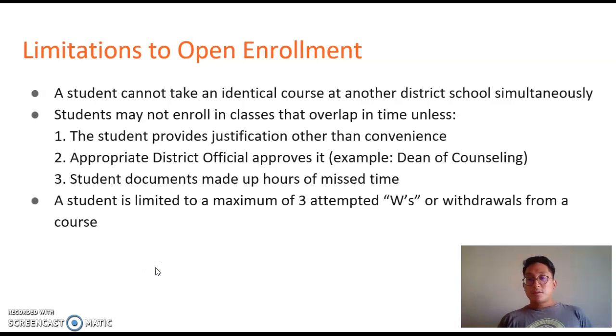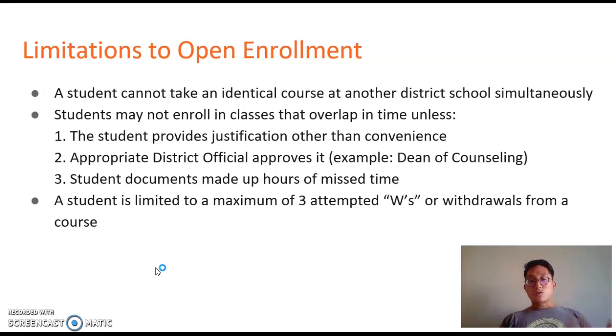So there may be some cases where there's a 5-minute overlap between classes and you might need the class for graduation. That might be a situation that might be considered, for example. But generally speaking, you're prohibited from registering for classes that overlap each other in terms of time, because you'd be missing time in class, essentially.